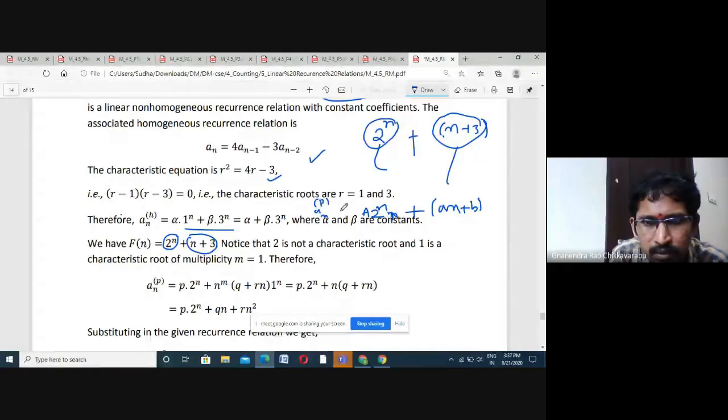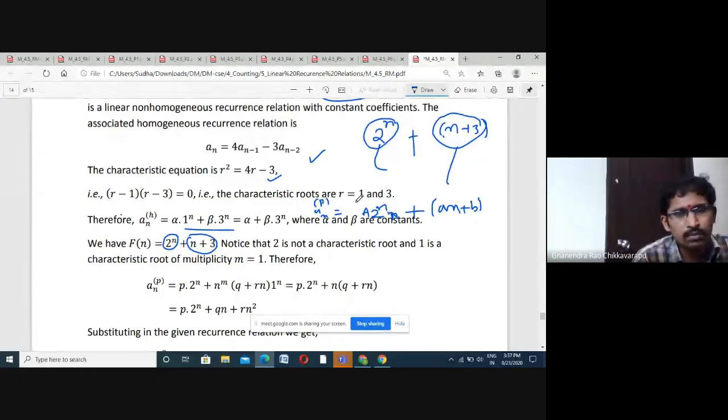So if f(n) is of the form 2 power n plus n plus 3, where 2 is not a characteristic root, its contribution in a_n^p is A into 2 power n into n power 0, plus, because n plus 3 is in sum and its degree is 1, a polynomial of degree 1. Suppose these two are in product, you need to consider a product; because they are in sum, you need to write a sum.